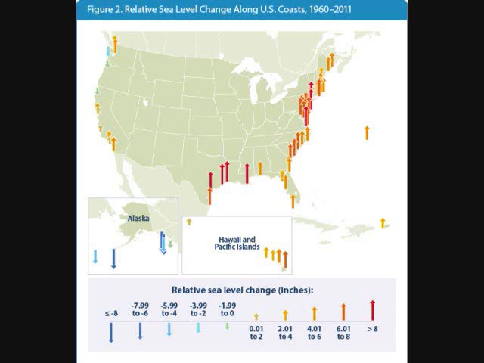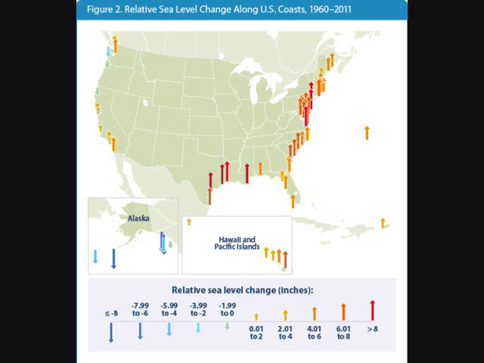Now, this is data of sea level change at the coasts, at various specific locations along the coast, and you can see that the sea level has gone up. The red is significant or high change in sea level, and then orange is not so much, and the blue would be where the sea level has actually gone down.